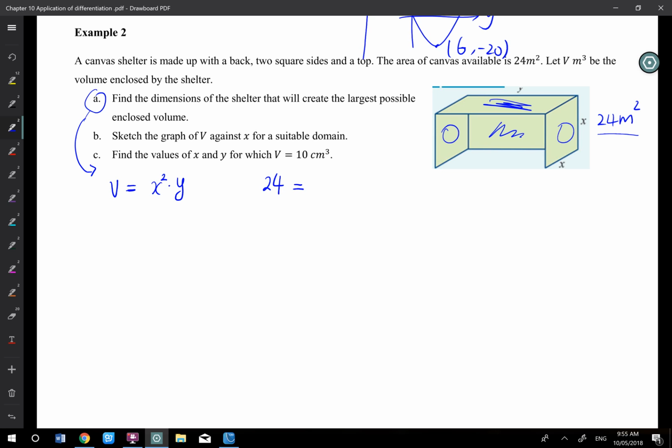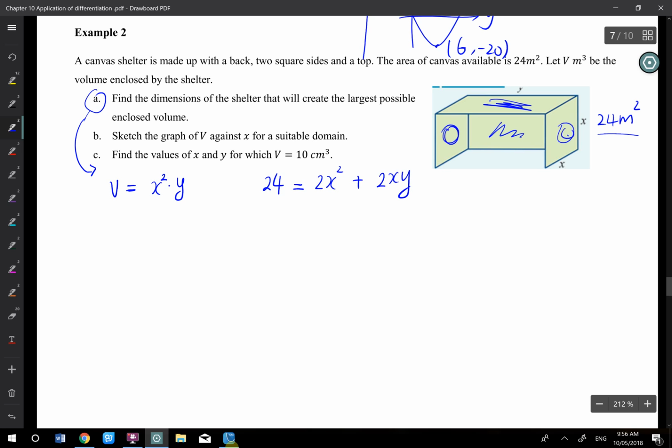It's 4 pieces of area. We have 2x squared. What else do we have? 2xy. We have 2x squared and 2xy: 2 of the squares here, and 2xy for the top and for the back.